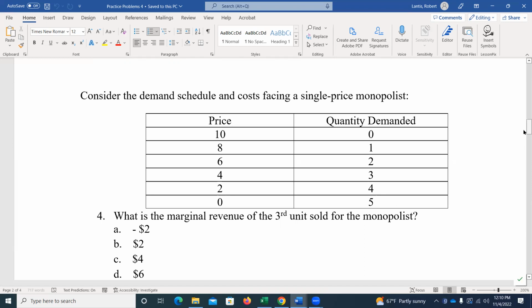Okay? And let's focus some interest: 10,000, 8,000, 6,000, 4,000, 2,000, and then 0. This is my demand curve, right? This is for the entire market.